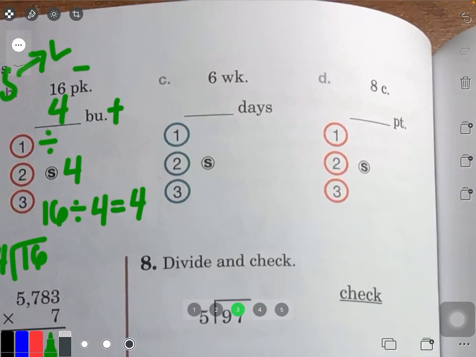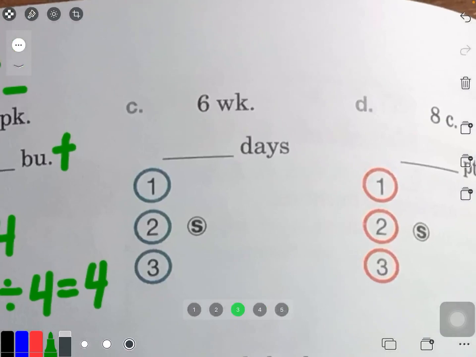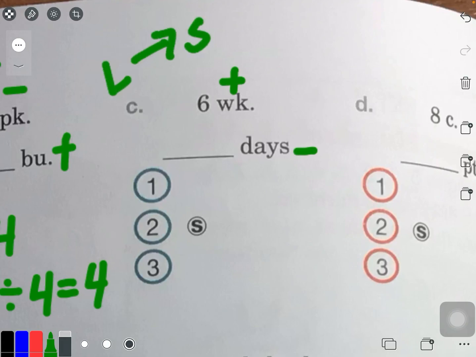Letter C. Okay, so who's bigger, a week or a day? A week, okay. So week is bigger than day. So I'm going from large to small. So big to small, I'm doing hand motions. Big to small, I multiply.